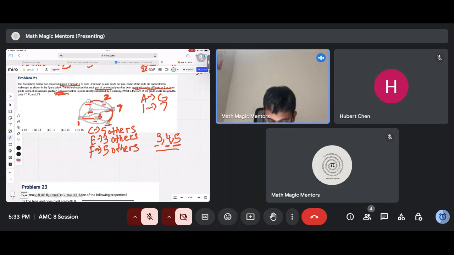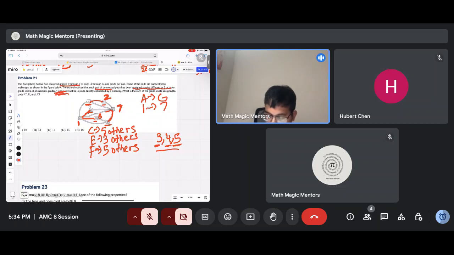But then let's look at B, right? What numbers can B be assigned? Let's look. A can't be assigned three, right?